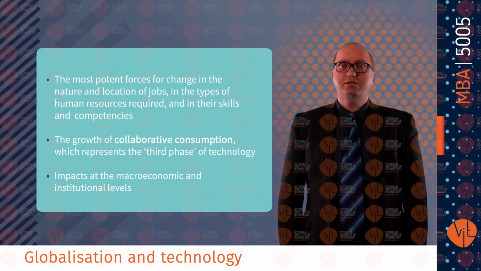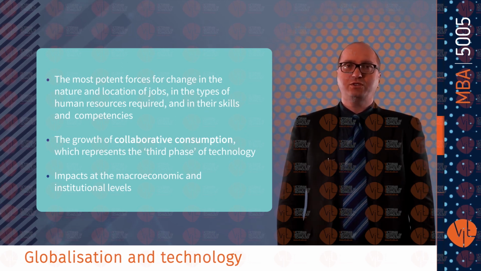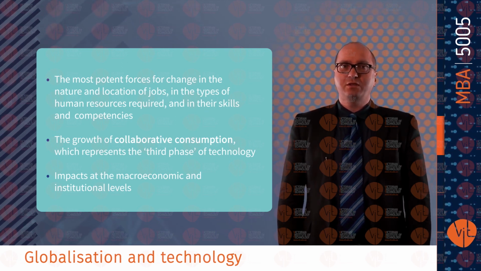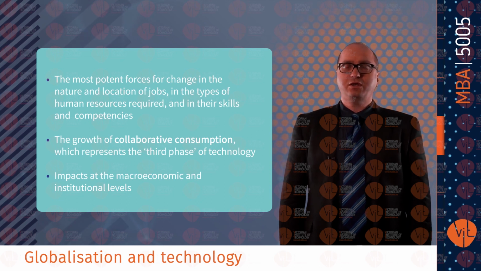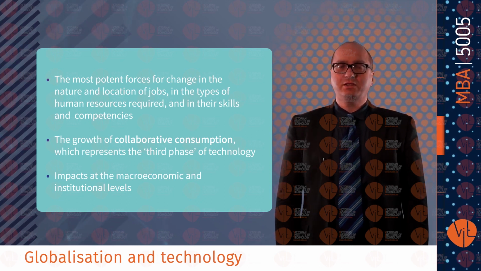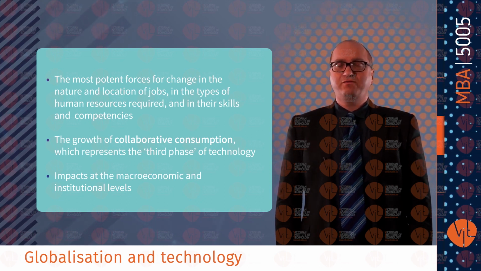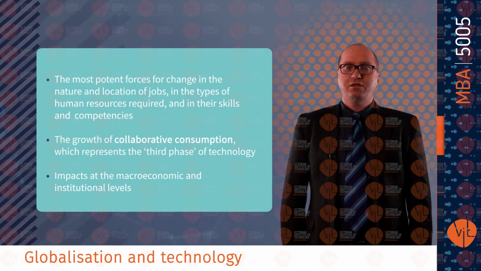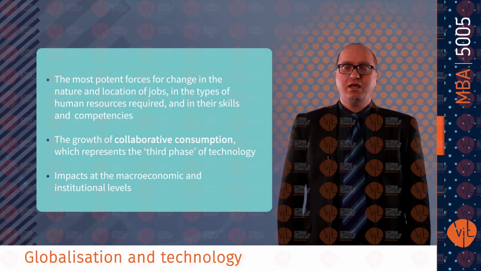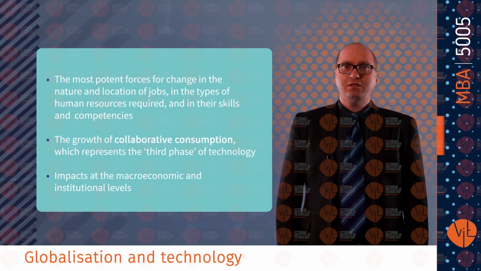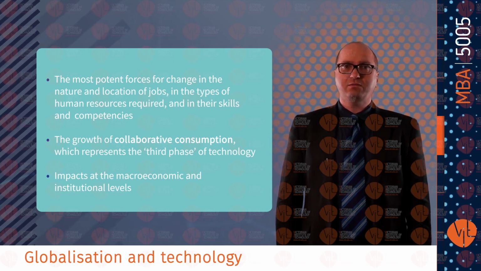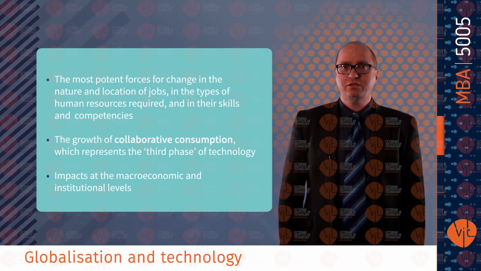A concept is now being introduced, which is collaborative consumption. I encourage you to try and find out and analyze this, because it is the third phase of digital transformation that you need to be aware of. It has an impact on macro and institutional level at the same time. These changes in globalization and technology.